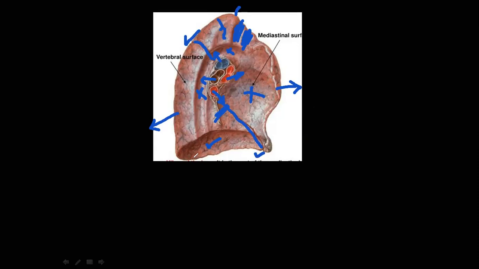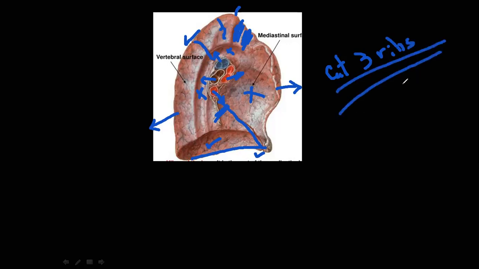Okay. The inferior border of the lung cuts three ribs. What is meant by cut? This is surface anatomy. Who can remember?